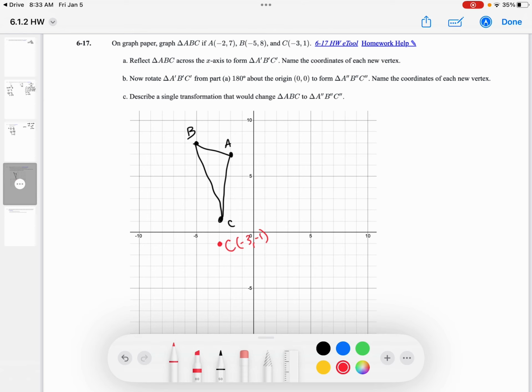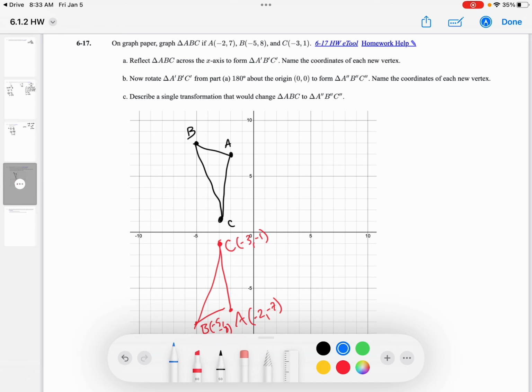It's going to go down here to -2, -7. And B is going to be here at -5, -8. So there's our new triangle reflected across the x-axis.